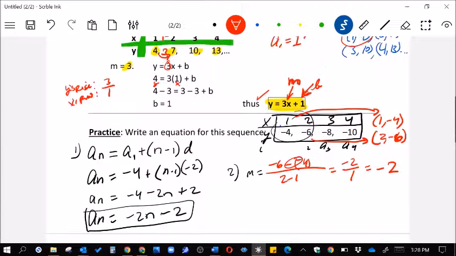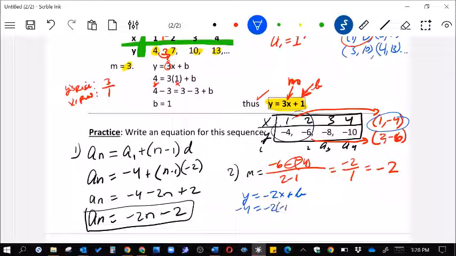Now that I have that, I'm going to continue with y equals -2x plus b. I'm going to take one of the pairs and put it in to solve for b. So at -4 here, that's -2 times -1 plus b.